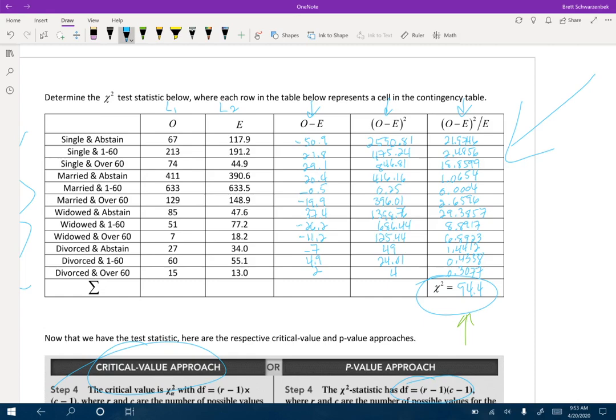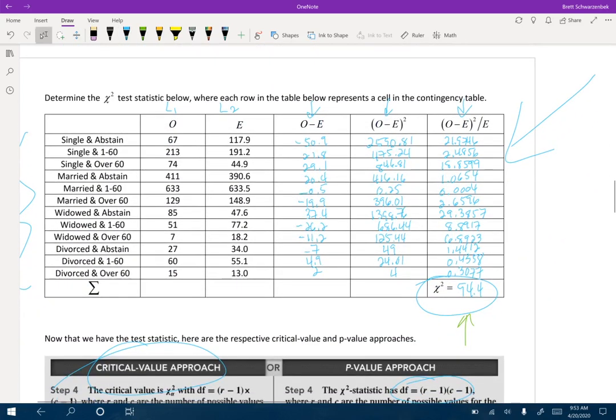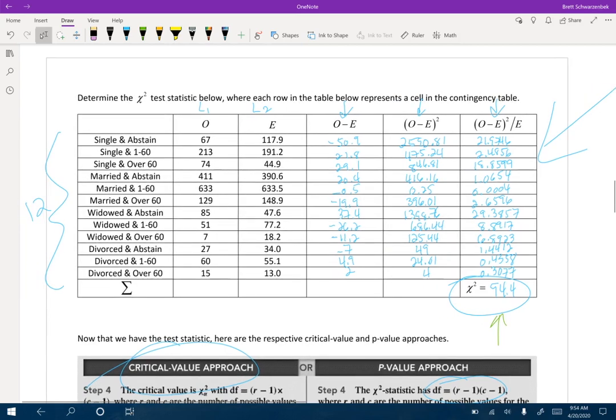Think about if we actually increased another category, let's say we had another category for drinks per month. We would be going to a 4x4 now, 16 cells instead of 12 we have to do. It is just insane. So it turns out that in the calculator, you can use the matrices in order to pull this calculation off in a very quick manner.